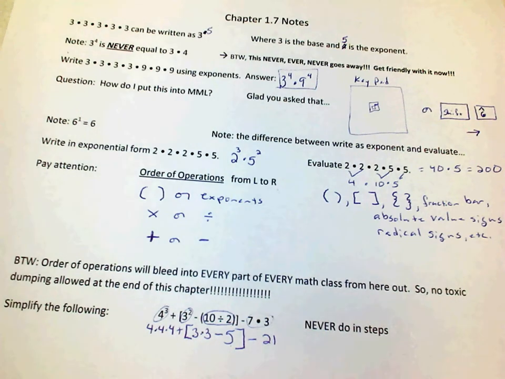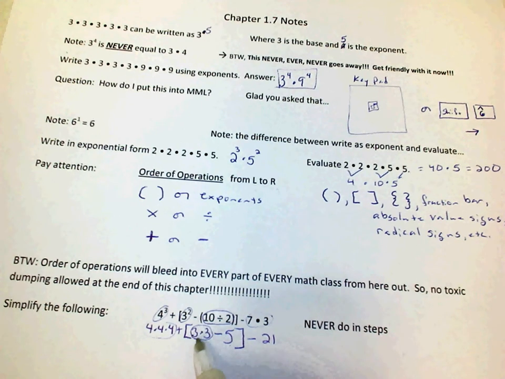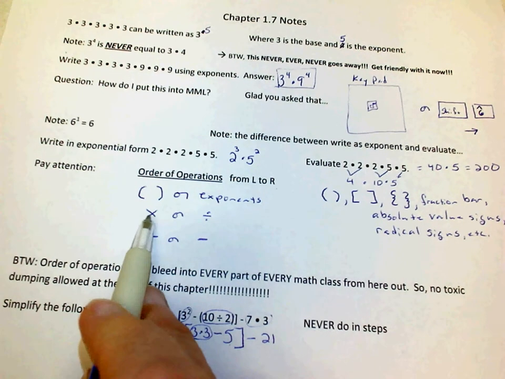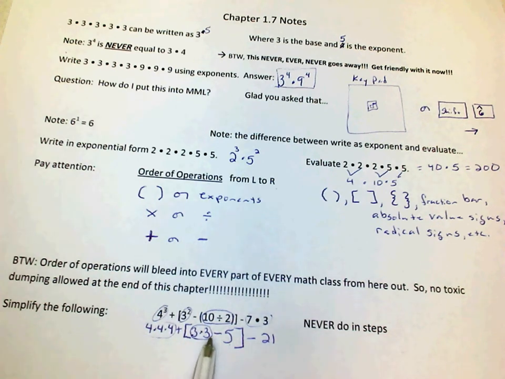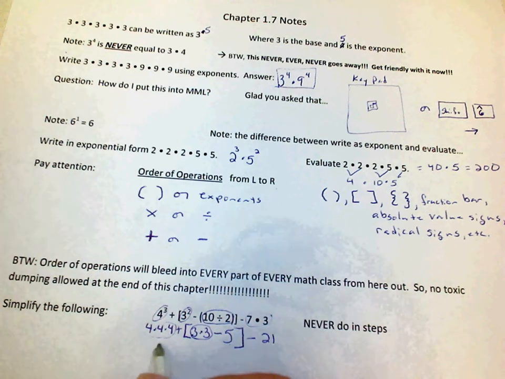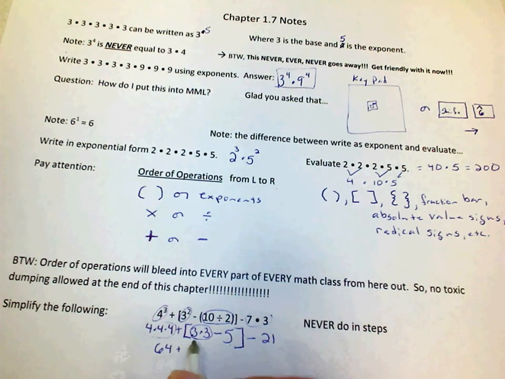Now, as I look, I'm going to do these multiply at the same time, and I'm going to work in this bracket, and again, when I've got a choice, multiply and minus. Multiply is a bigger dog than minus. So you got to take that big dog out of the fight first. Now, 4 times 4 times 4 is 64 plus bracket 9 minus 5, close it up, minus 21.